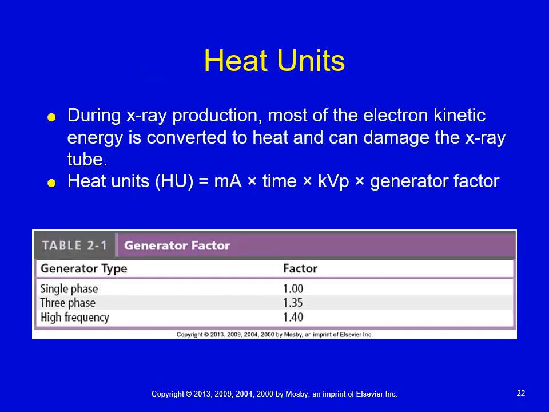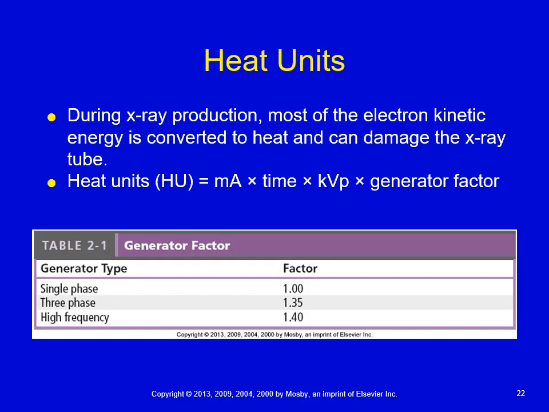All right, now we are moving on to heat unit calculation. As a technologist, there are certain things you want to do to try to prevent tube failure or extend the tube life. There are some things that are in your control. You don't want to make exposures that will overload your tube, so you don't want to hold the rotor switch down unnecessarily and often.